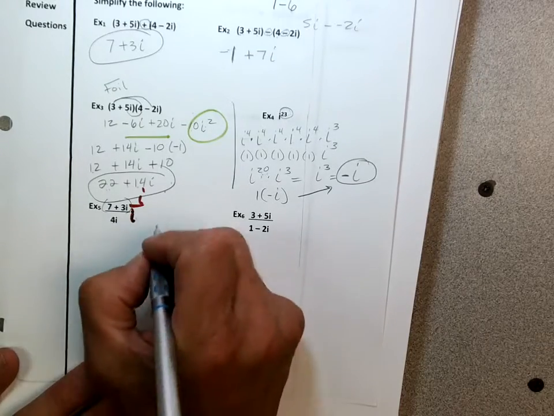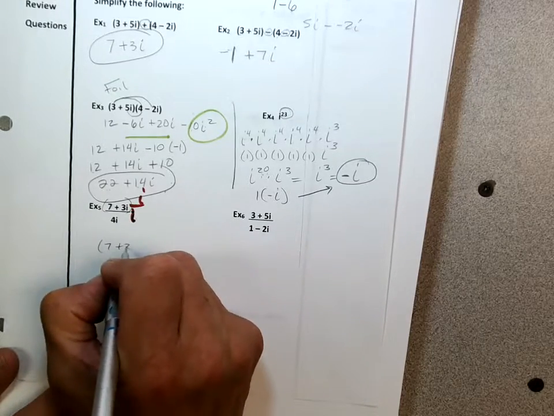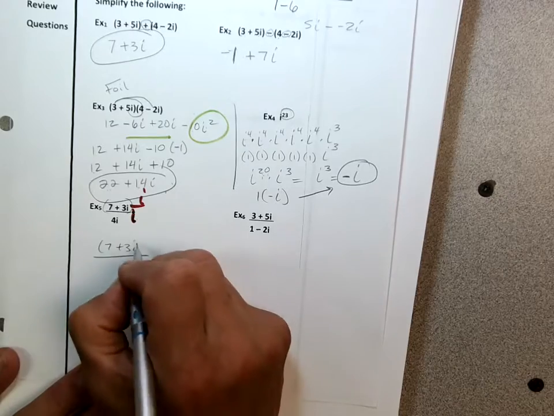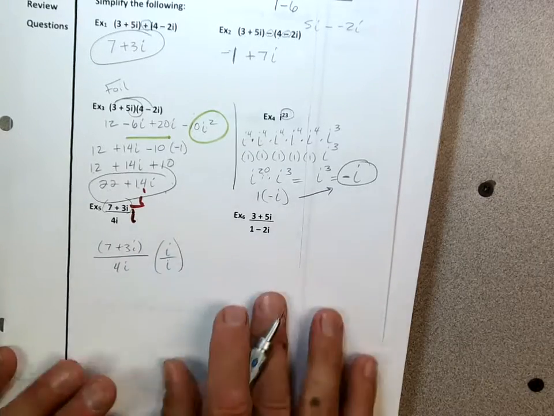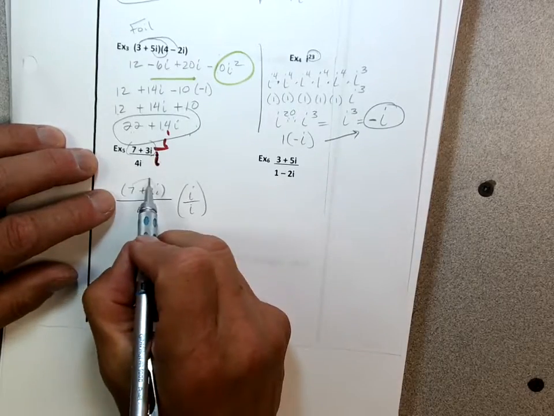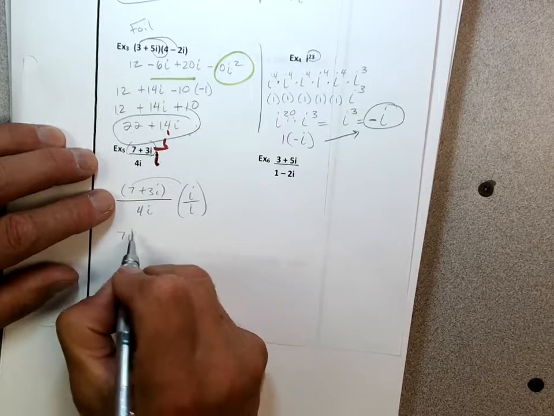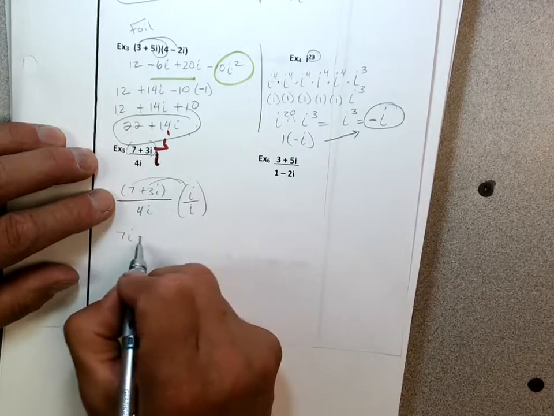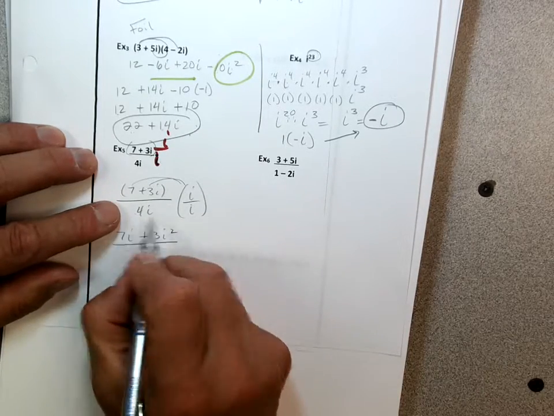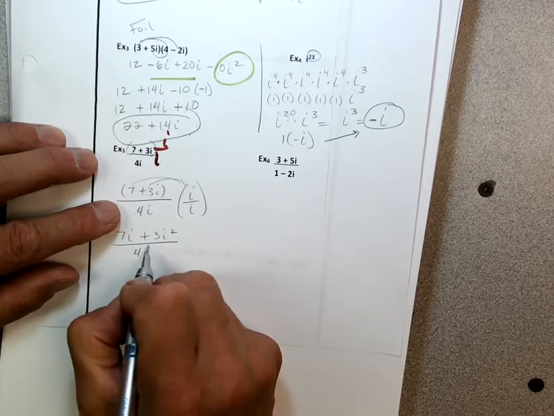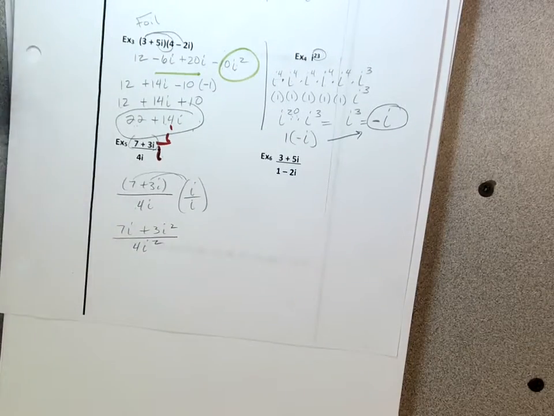So let's do it here. Let's go 7 plus 3i over 4i, and I'll multiply by i over i. Fix the problem with the problem. So 7i plus 3i squared over 4i squared.